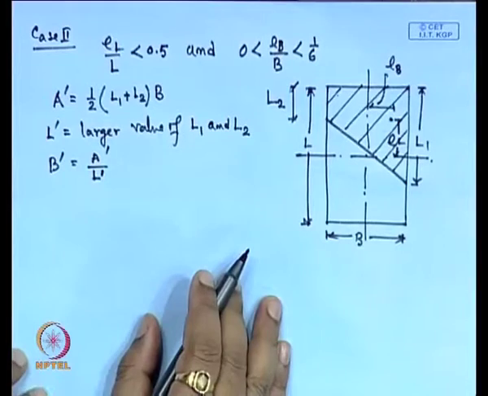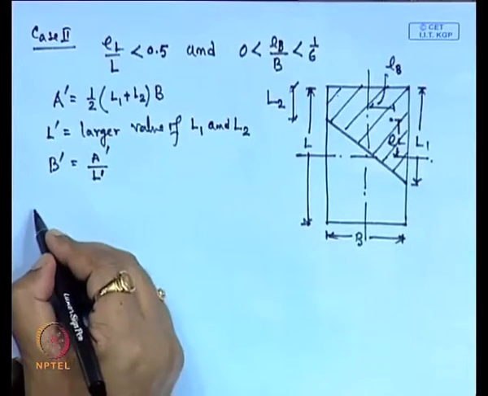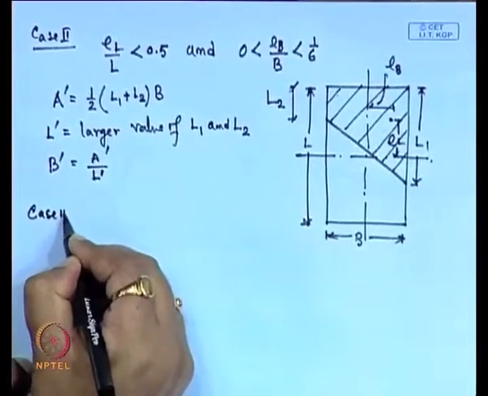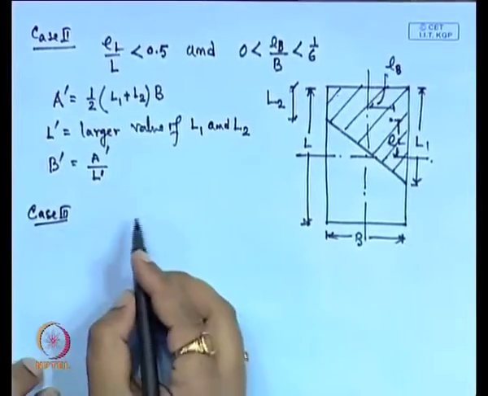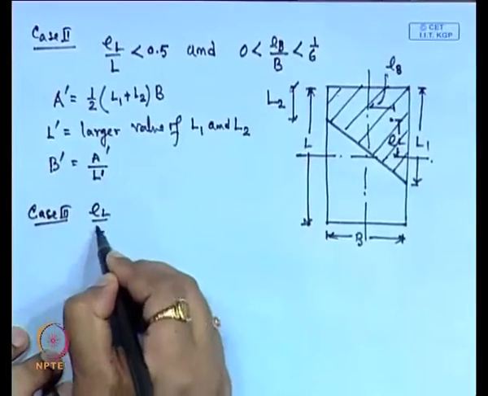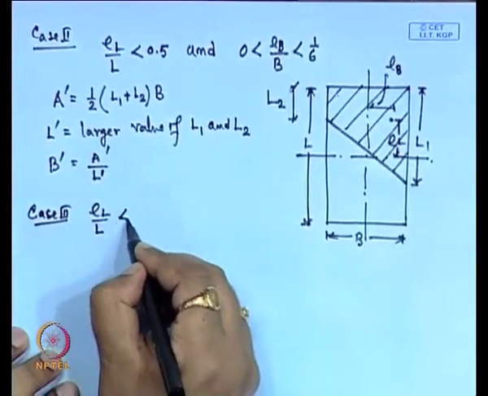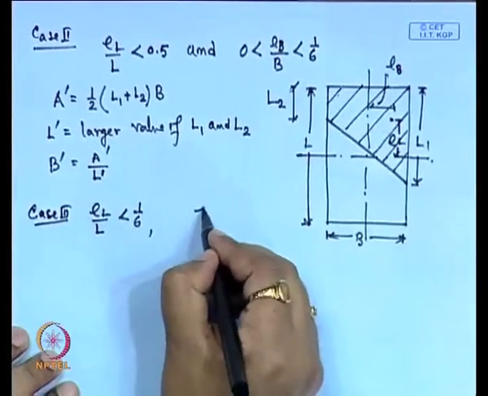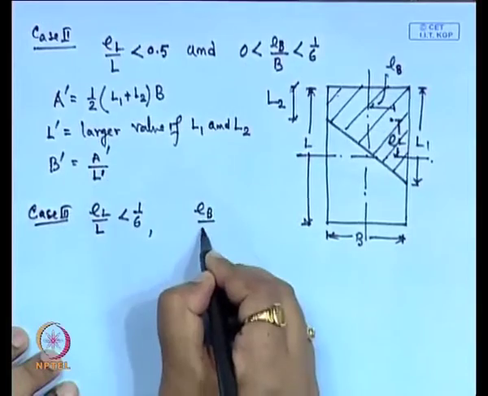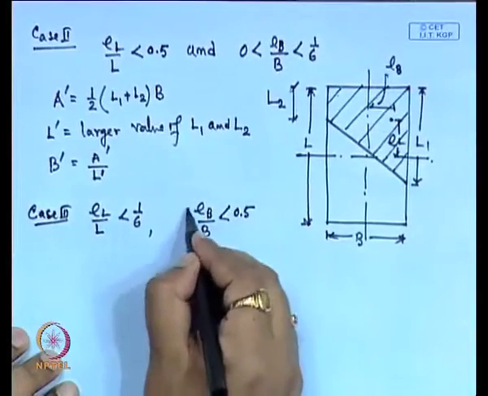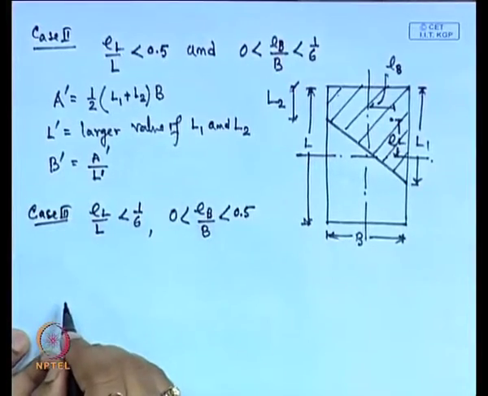Now, in case 3, where the condition is that E L by L is less than or equal to 1 by 6, and E B by B is less than 0.5 and greater than 0.